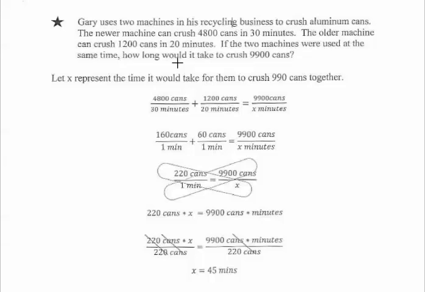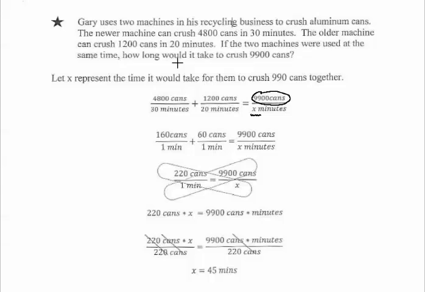So we have 4,800 over 30, and then the other work rate, 1,200 over 20 minutes. We add the two together, and then on the opposite side of the equation we have the amount of work that we want them to do together, and then what we want to know is how long it's going to take them if they're working together.